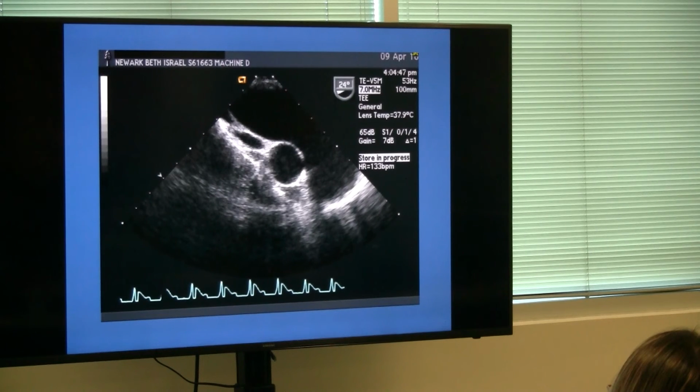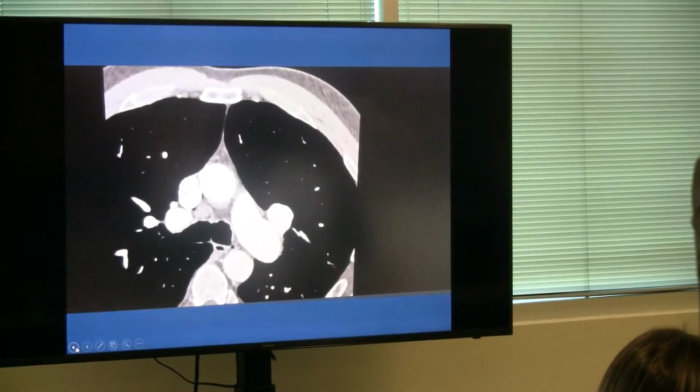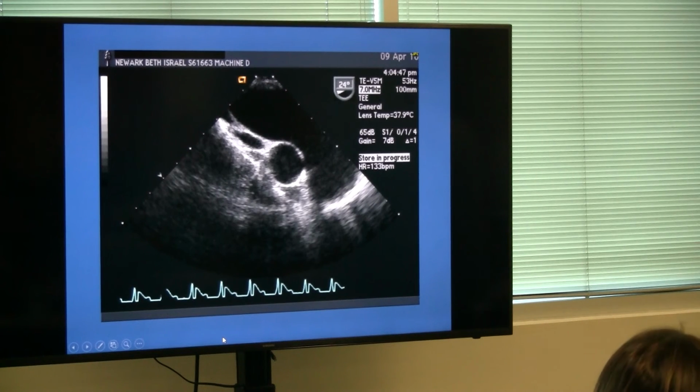It's also important to pull up your probe further because the SVC, which is over here, looks elongated because it is receiving the partial anomalous pulmonary venous return from the right sided pulmonary veins usually.